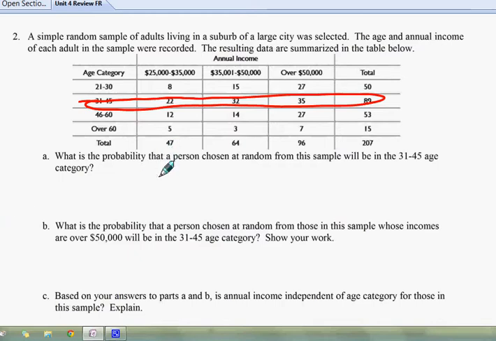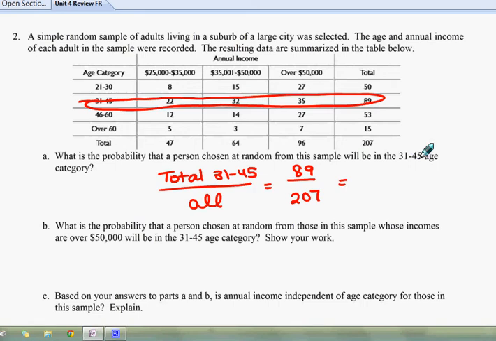To find this one, we're going to take the total number of people who are between 31 to 45, and we're going to put that over everybody. So that is 89 over the total number, which is 207, which gives me a probability of 0.4300, because that's what it rounds to.